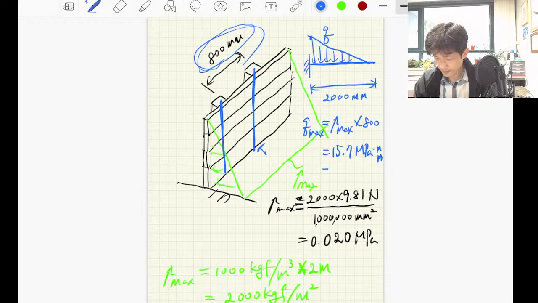Okay, and this is equal to, so let's change this unit to Newton per millimeter.